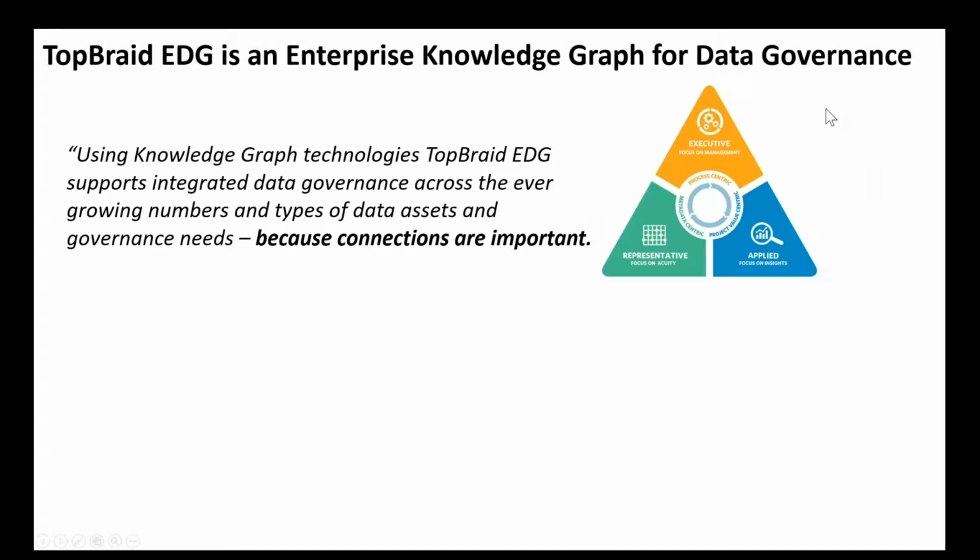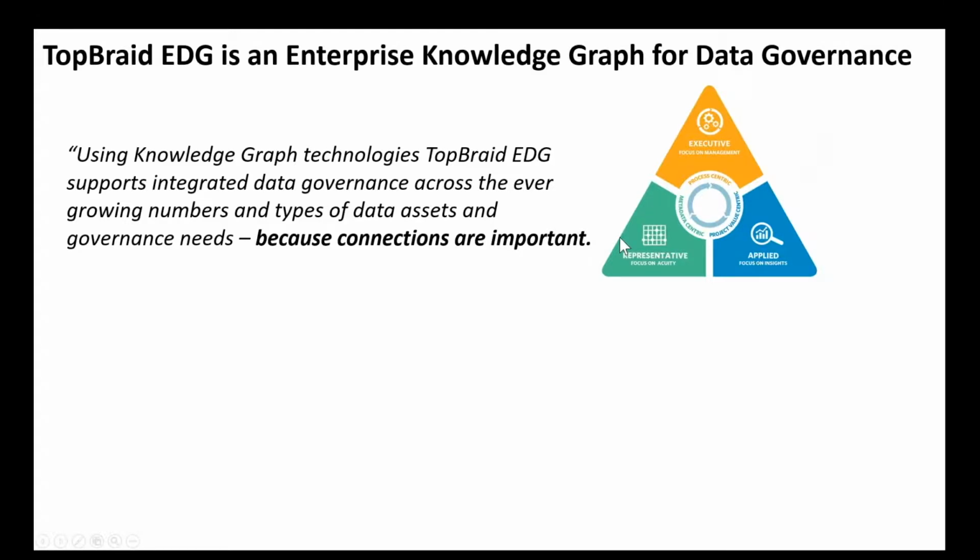The triangle here illustrates Top Quadrant's view of the comprehensive nature of data governance and what informs our strategic roadmap of enhancing TopBraid EDG's capabilities. So up top here, we have the executive concerns, which include things like business policies, rules, data governance roles.